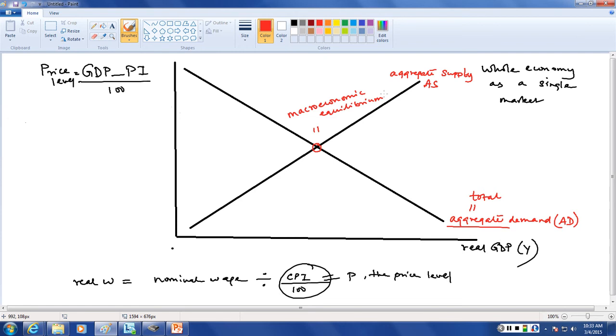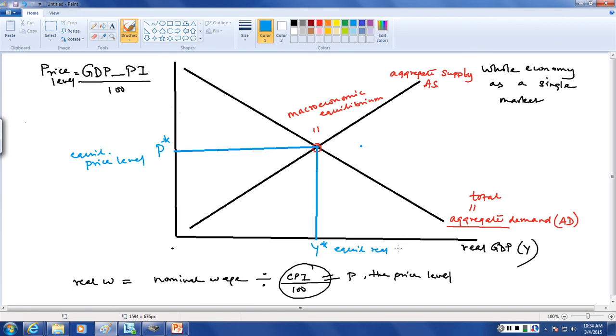And this equilibrium is going to yield us an equilibrium price level, and also an equilibrium level of real GDP. So we are going to get a P star, or equilibrium price level, and a Y star, which is, pardon me? The demand.